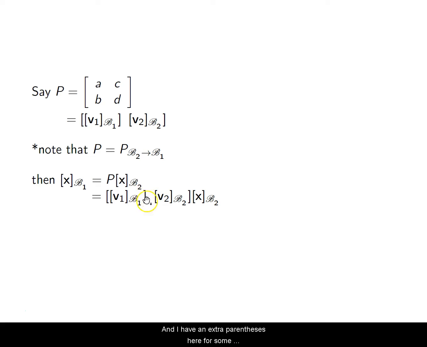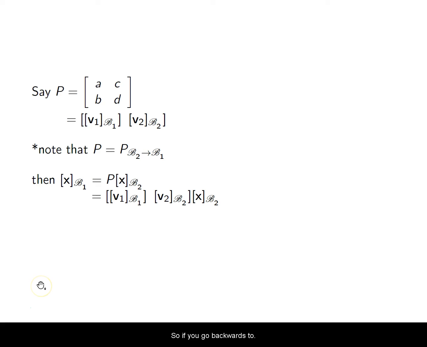I'll clean that up when I rewrite my write-up as well, but this is just a matrix, so this should be gone. It should be this column vector and this column vector forming a matrix times this vector representation of B2. And that is our lecture for change of basis.